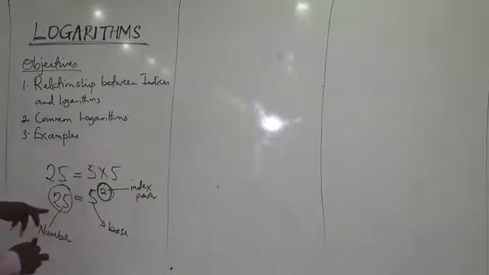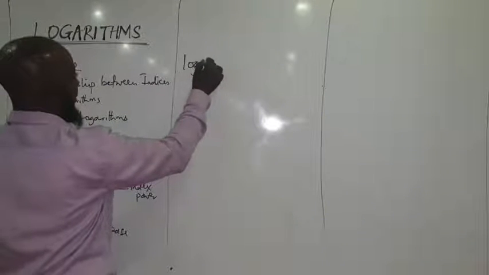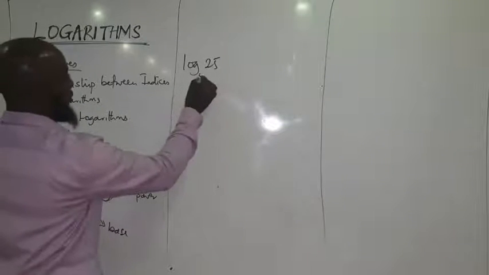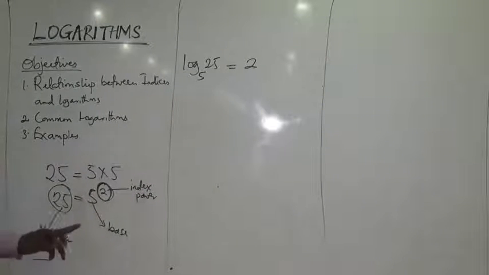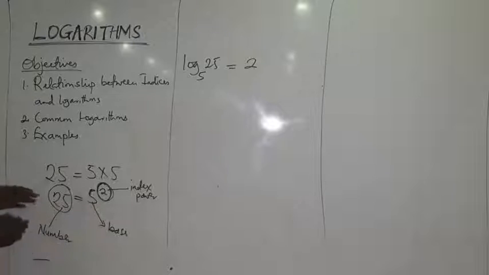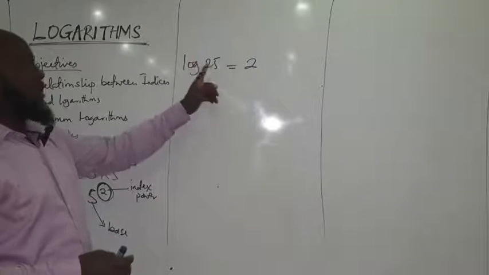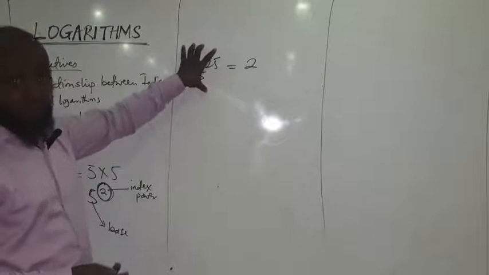So log of 25 into base 5 is 2. That is the power, that's the relationship. So log 25 to base 5 is equal to 2.